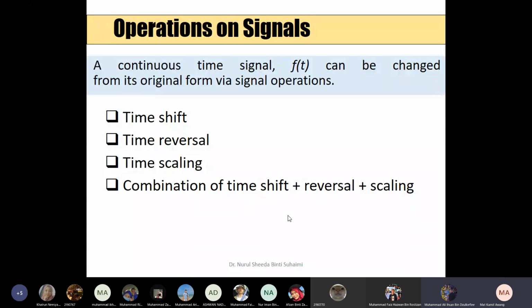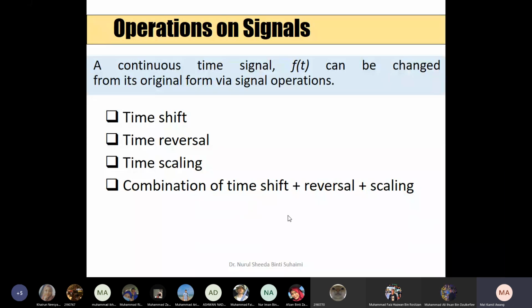There are 4 types of operation that we can do on the signal, which is time shifting, that you shift in terms of time, time reversal, time scaling, and a combination of those 3.